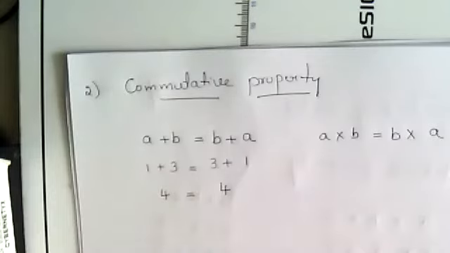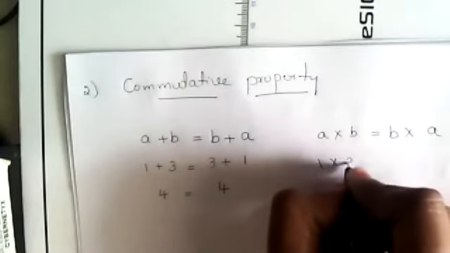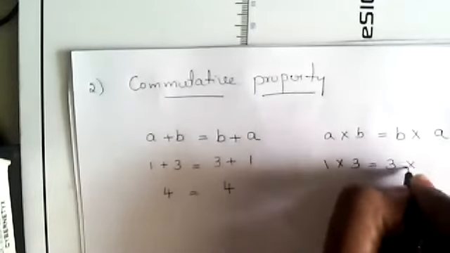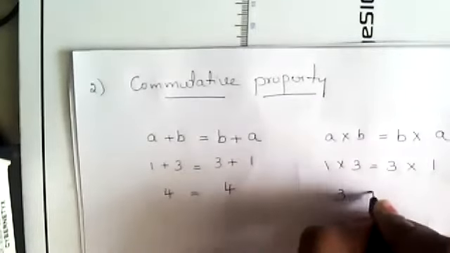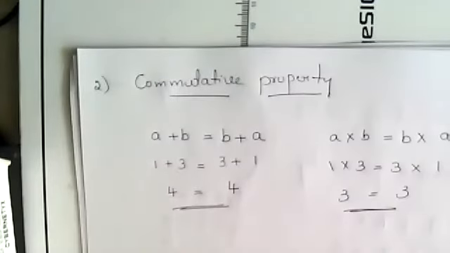Correct. So here, if I take the same numbers, 1 into 3 equals 3 into 1. 1 3s are 3, 3 1s are 3. So, commutative property also holds good under multiplication and addition. Correct.